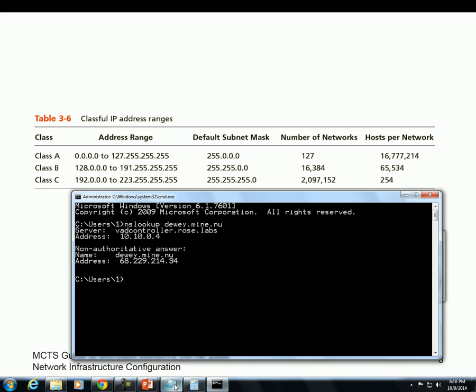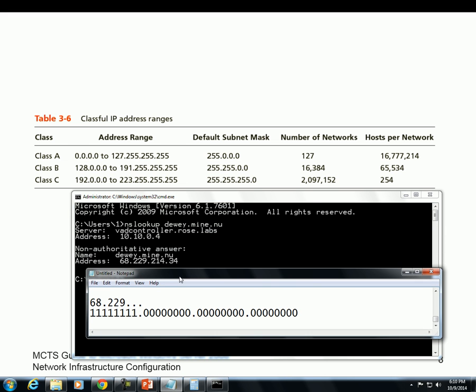I'm going to try to get this whole thing on here. 229.214.34. Remember, the top one's in decimal, the bottom one's in binary. I just didn't convert it. So really, this is the way it lays out. The ones represent the network. So what network am I on? I'm on 68. Y'all see that?